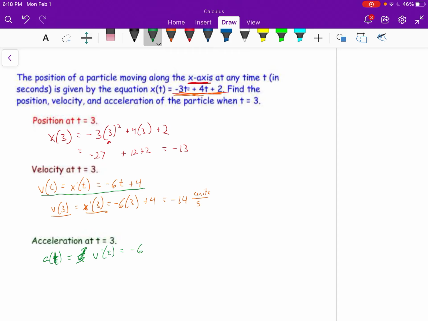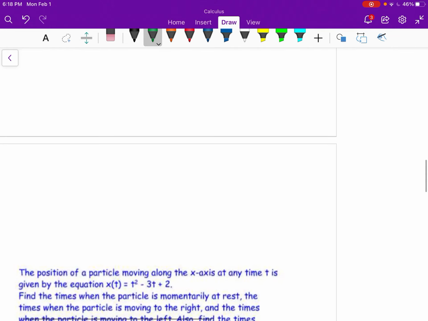That's it. So acceleration at 3 is negative 6, and this is units per second squared. And yes, at 3, it's negative 6 units per second squared, but it's always negative 6 units per second squared. So that's the acceleration function for this specific situation.